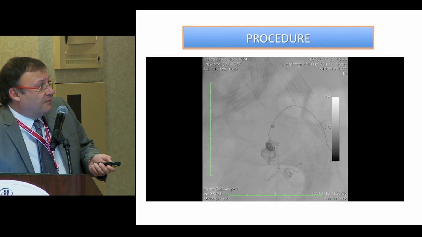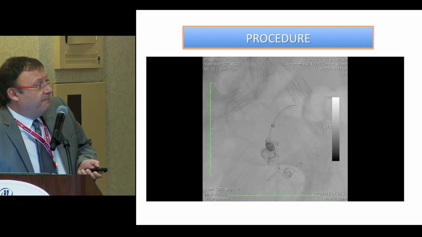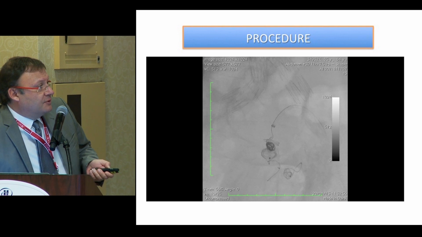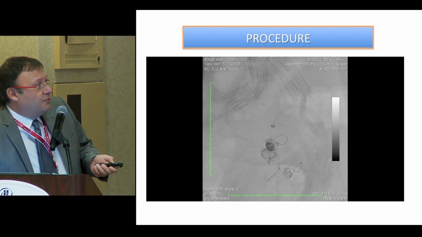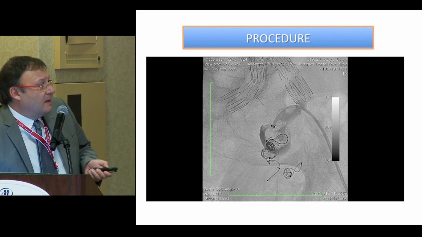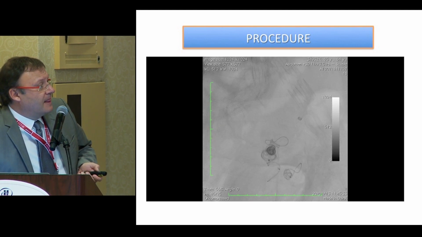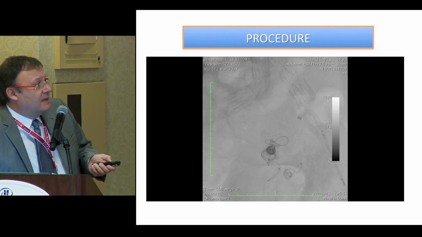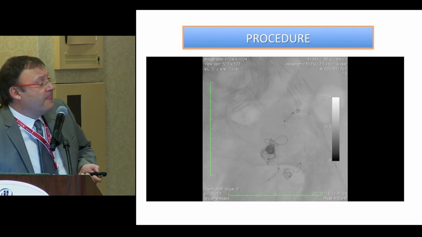We still have some distal perfusion. We are very stable, and we had still a distal perfusion, and we used microcatheters in order to pass Boston coils and to fill the sac. You see we are very stable in the aneurysm.